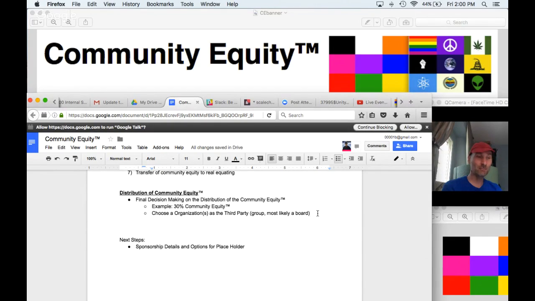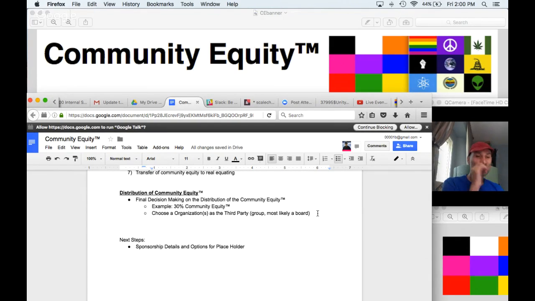So in the example of your situation, you have 30% community equity, right? And the idea of the placeholder is the placeholder actually has the ownership of the community equity, but they're overseeing the asset for the benefit of the beneficiaries, right?